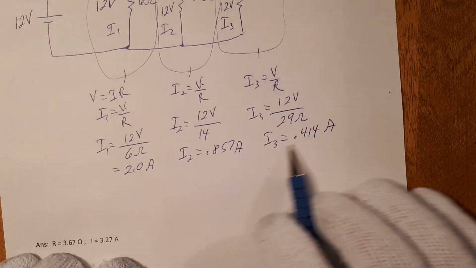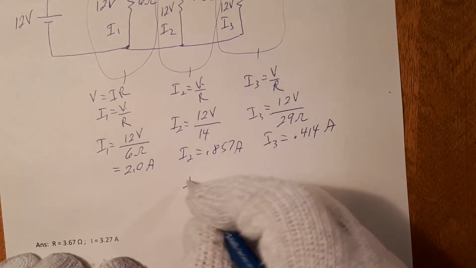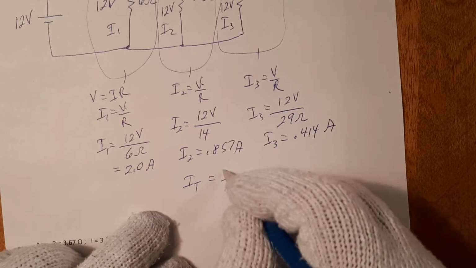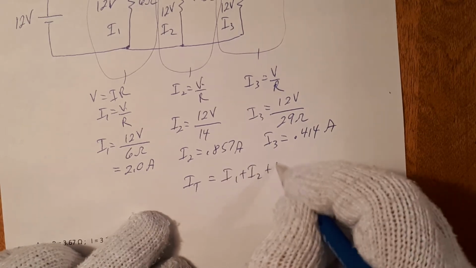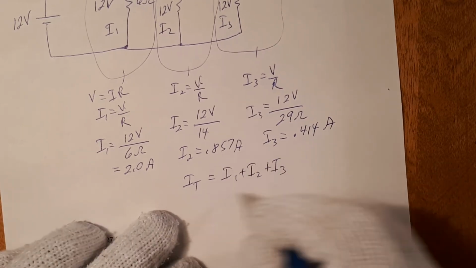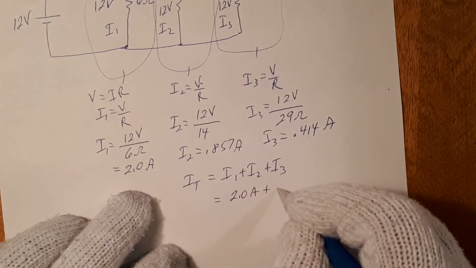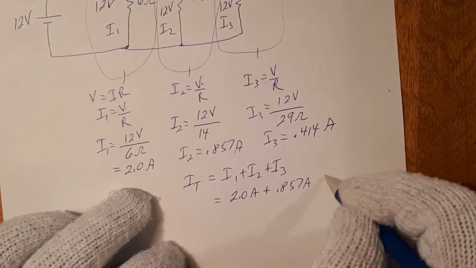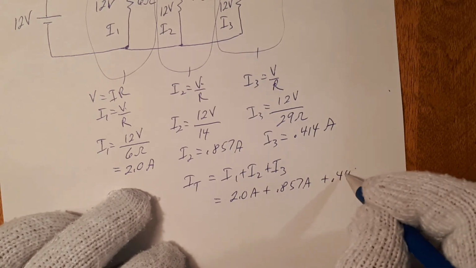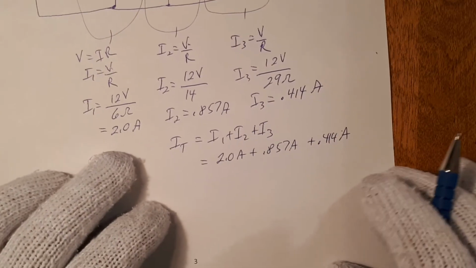Now let's sum all of these together. Current total is equal to I1 plus I2 plus I3. Adding these together, 2 amps plus 0.857 amps plus 0.414 amps.